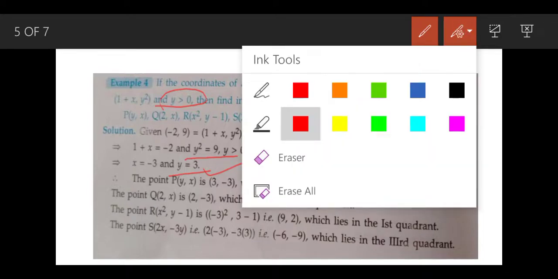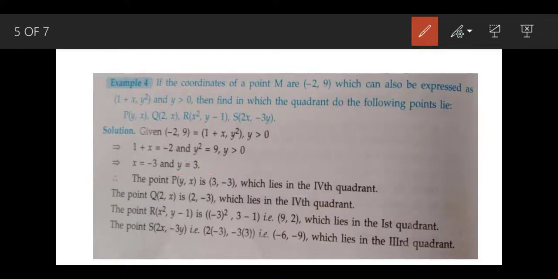Using these values, we can find the coordinates of P. Coordinates of P are given by (y, x). So first of all, we write the value of y, 3, then x, -3. So in which quadrant will it lie? Plus, minus. This lies in the fourth quadrant.